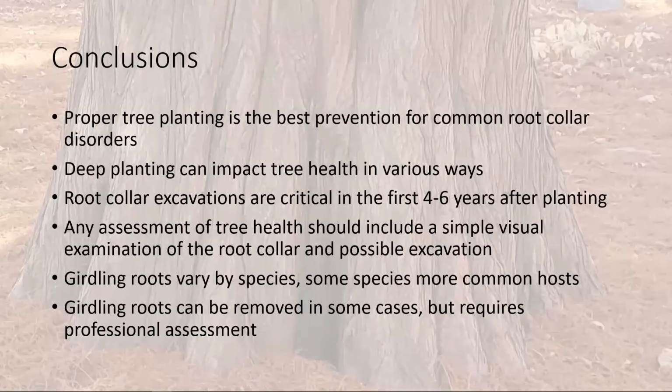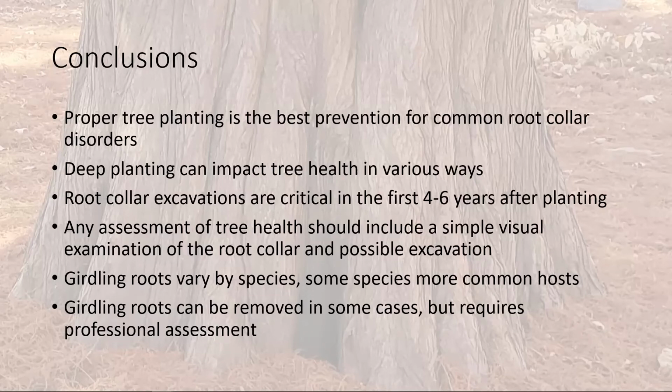So what are some of the conclusions that we can draw from today's discussion? Proper tree planting is one of the best preventions. And I just can't stress that anymore, just due to the fact that deep planting can impact health in so many ways.